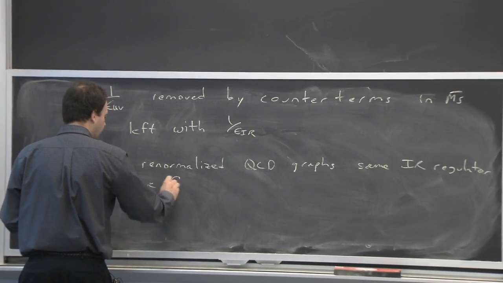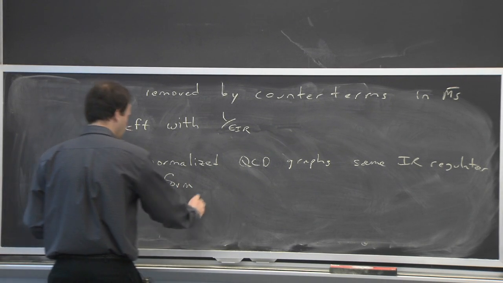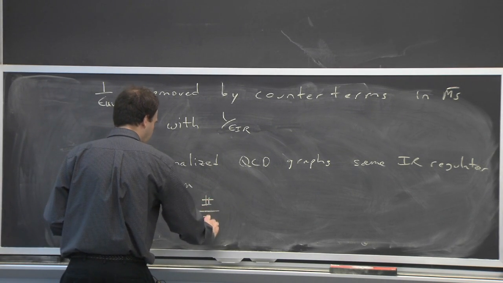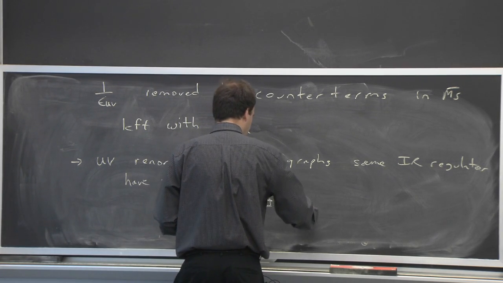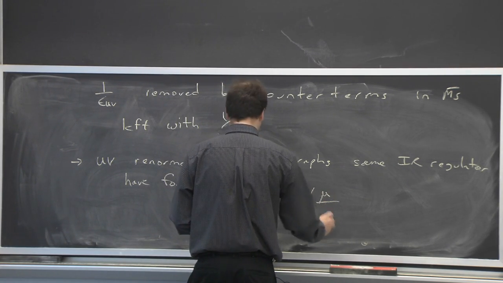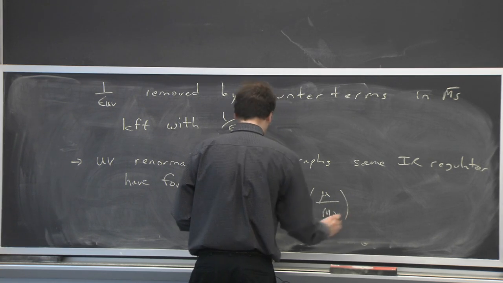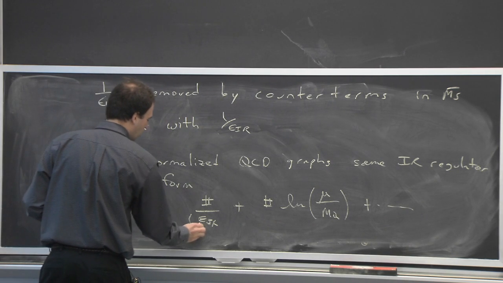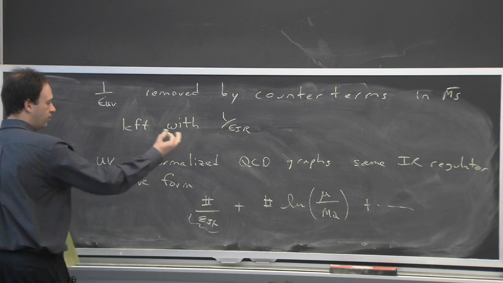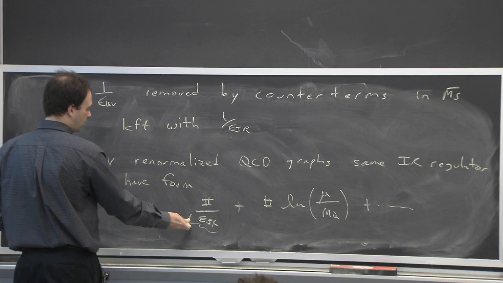And what will you get? You will get something that looks like a number over epsilon IR. And then you'll get numbers times logs mu over MQ plus other things. This thing here just cancels with, if I subtract HQET, this is just canceling this.